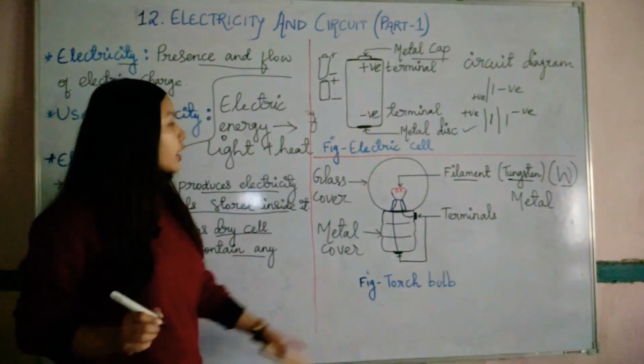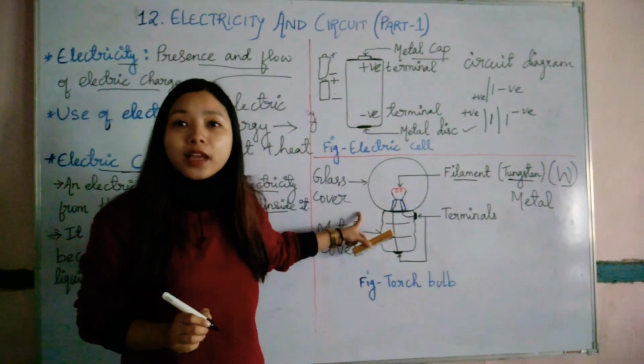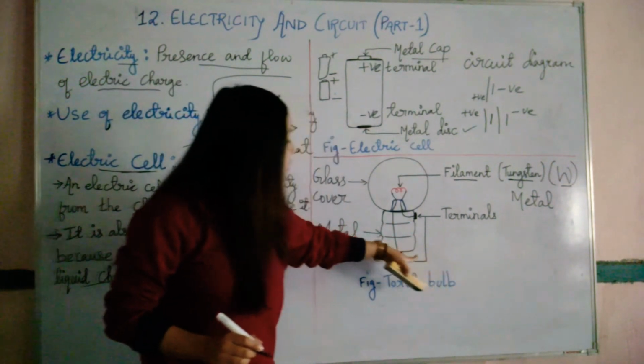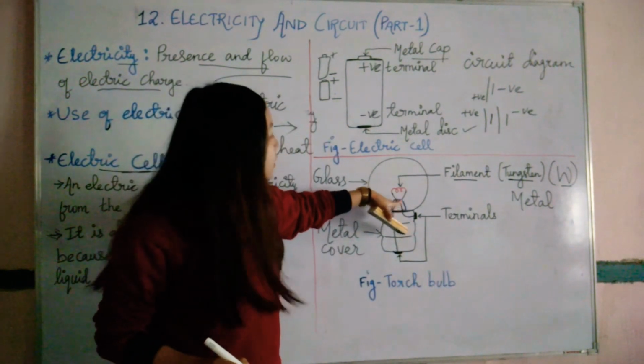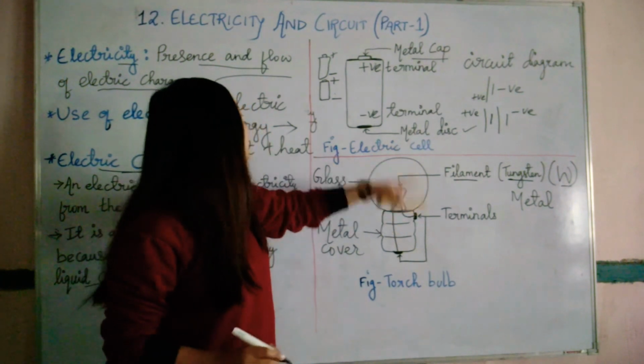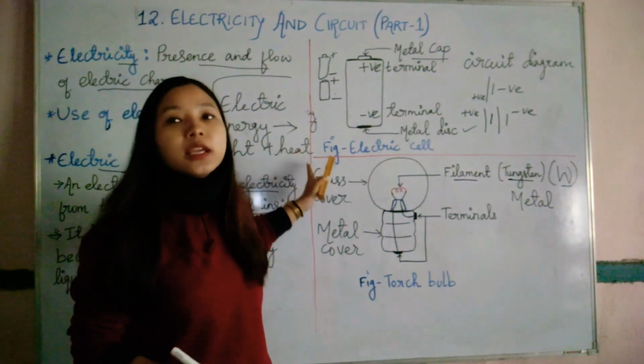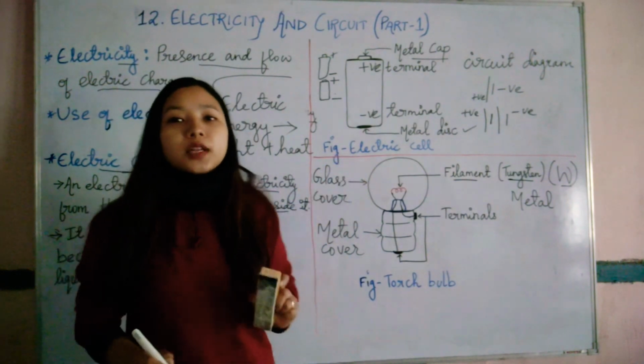If you touch this bulb, you will feel that it is warm or hot, because the electric energy coming from the wires to this bulb is being converted into light energy, as we can see, and heat energy, which we can feel.